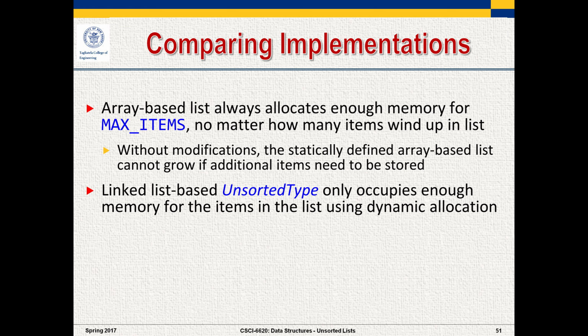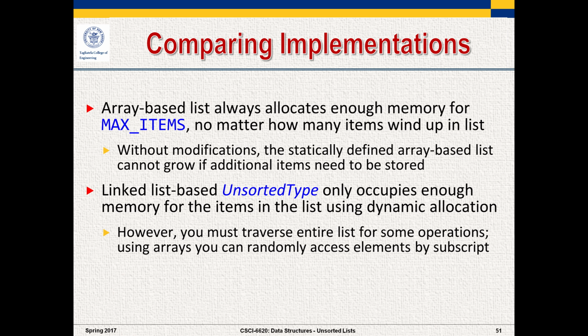The linked list implementation only occupies enough memory for the items in the list as they're allocated. So in that sense, it's much more efficient in terms of pure memory usage. However, the trade-off, and as you'll learn throughout this class, there are always trade-offs between alternatives, is that you have to traverse the entire list for some of the operations.